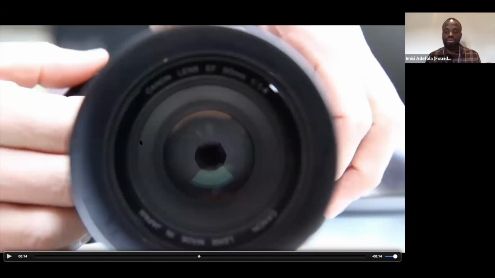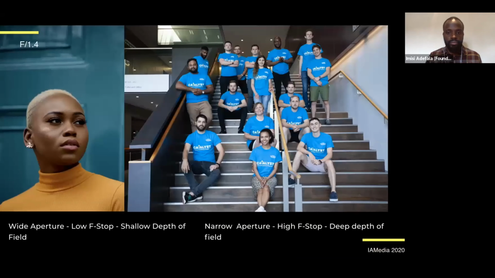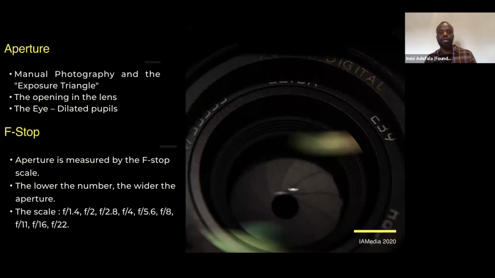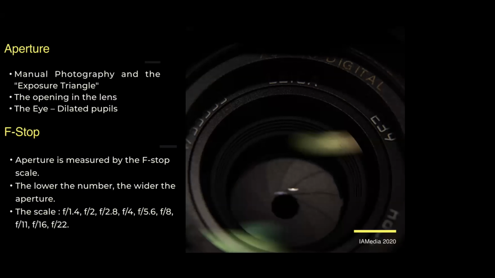So for example, f4, which would mean focal length divided by 4. Let's say I've got a 50mm lens, so it'll be 50mm divided by 4, and that sum would actually tell the camera how much aperture you want on the camera. So the f-stop is actually a sum. It's an equation to give information to the camera about how much light you want in the camera for that particular shot.